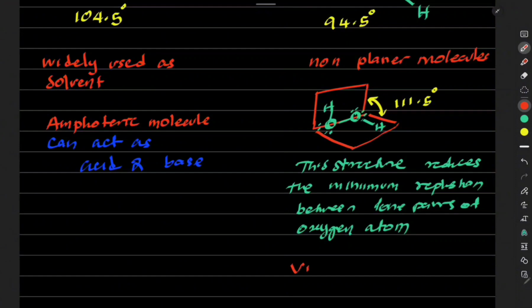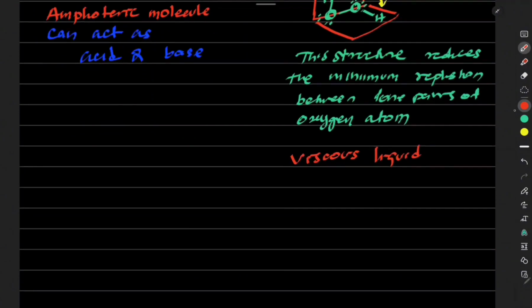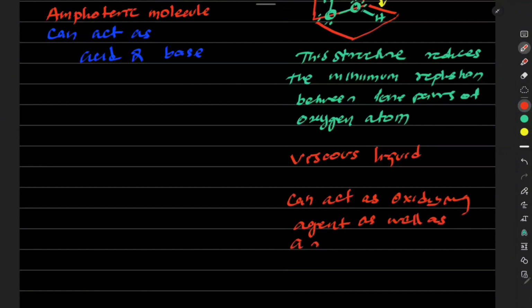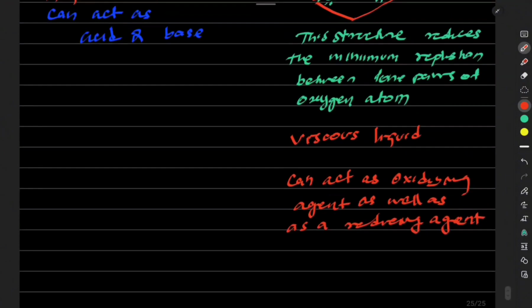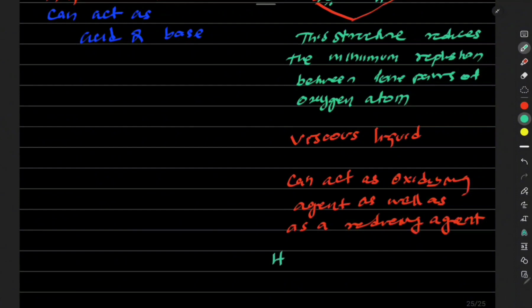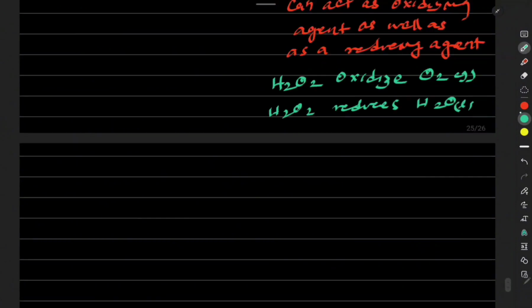Hydrogen peroxide is a viscous liquid, and it can act as an oxidizing agent as well as a reducing agent. H2O2 oxidizes to O2 gas, and H2O2 is reduced to liquid H2O.